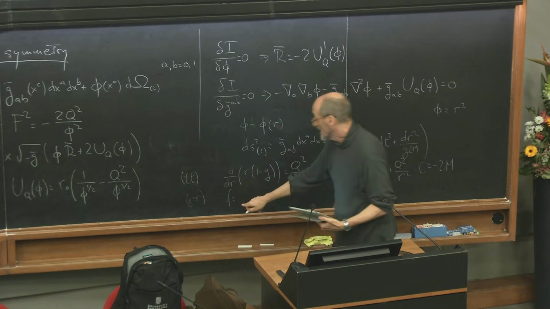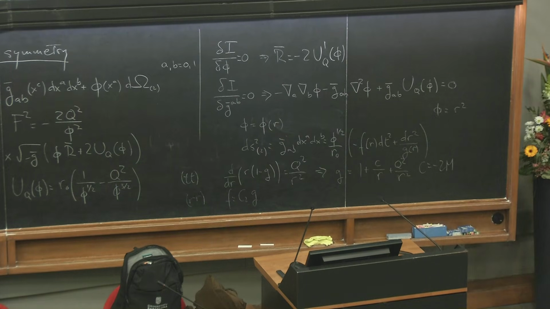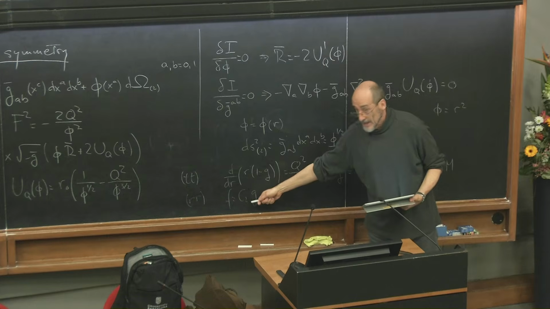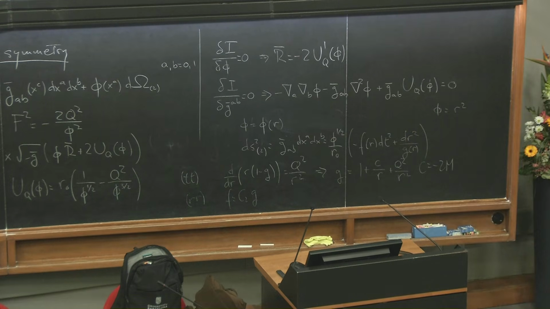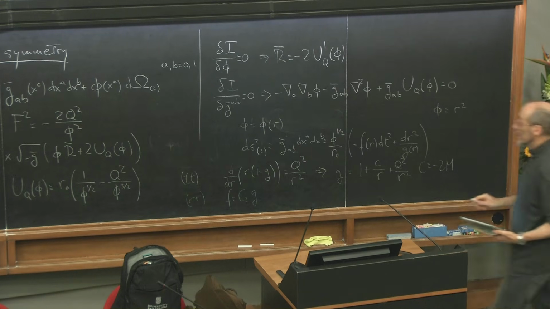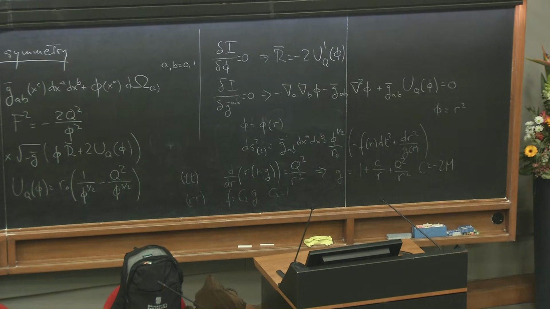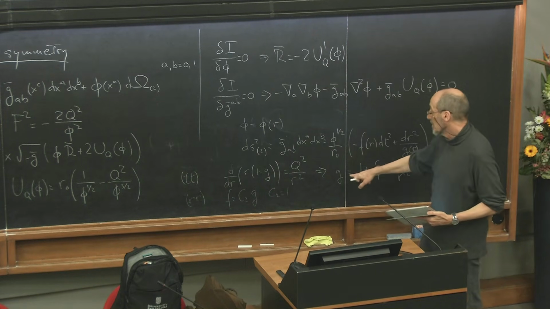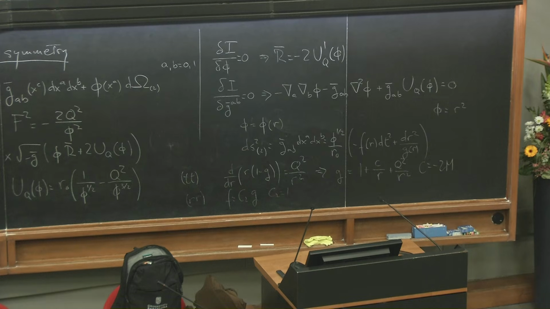Then you determine that the function f has to be some other integration constant, C2, times the function g. This constant can be absorbed in a rescaling of t, so I can set C2 to 1. Once I have this form of f and g, you can verify that the third equation is also automatically satisfied.